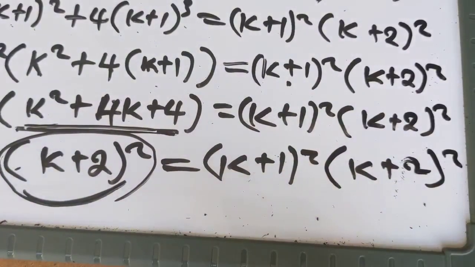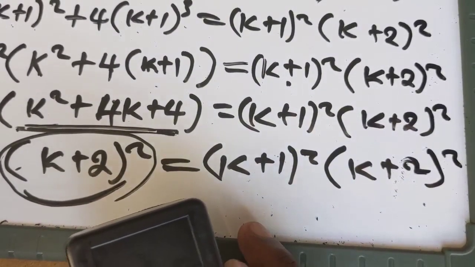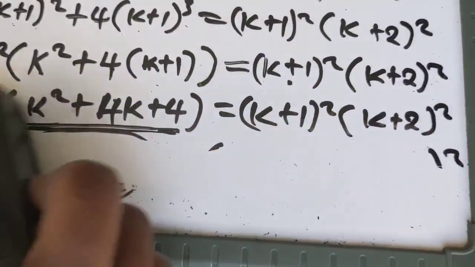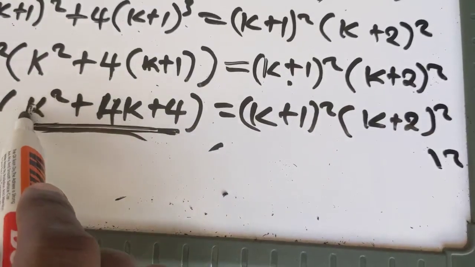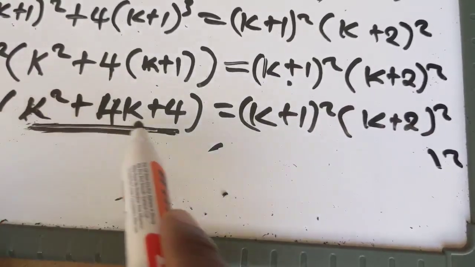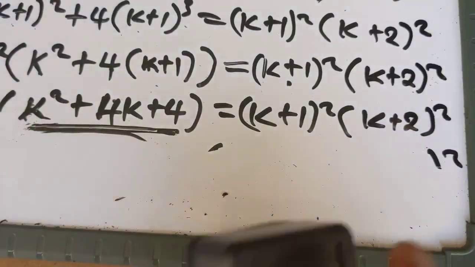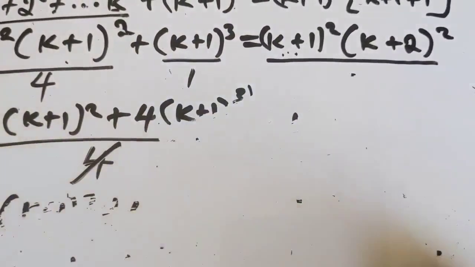So you say the statement is true for n equals k plus 1, since the right hand side and the left hand side are equal. So master this, I want you to take note of this: k squared plus 4k plus 4. I want to solve this quadratic equation so that you know what I am talking about.